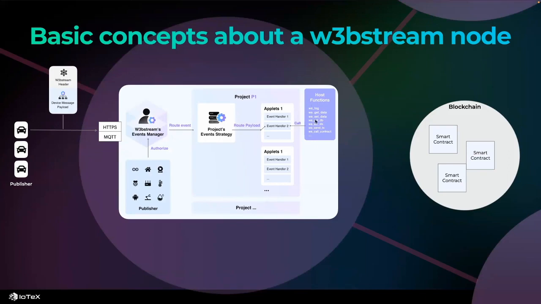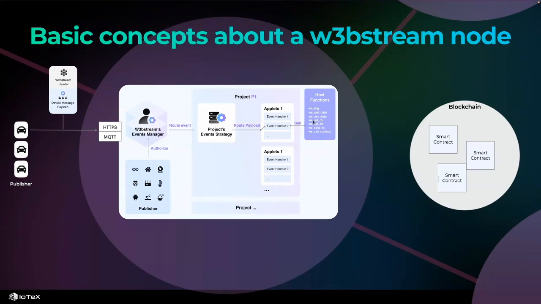WebStream provides you some host functionalities, and these functionalities are some low-level functionalities. For example, logging some text to the WebStream console, or reading the payload of the message that has been routed to your applet, or writing or reading settings from the WebStream database, or, for example, sending a blockchain transaction to the IoTeX blockchain or any other blockchain that you have configured, right?